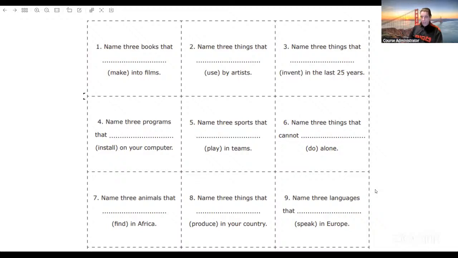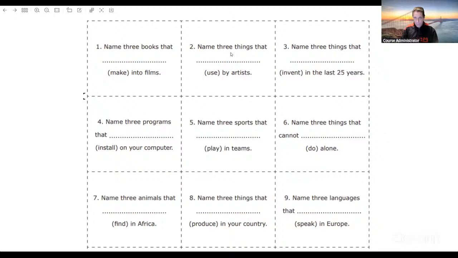Okay. So anyway, I was mentioning The Life of Pi, which was also a famous novel that was also made into a film. Okay, so let's move on to another topic that's also presented using the passive voice. And the next example is name 3 things that are used by artists.